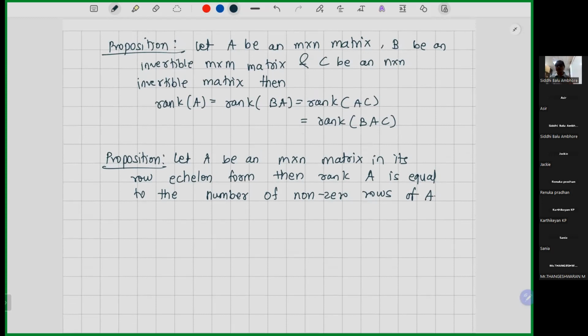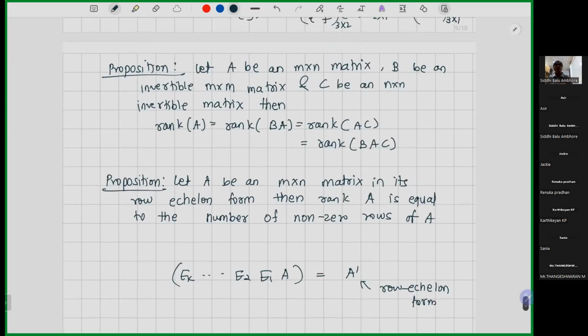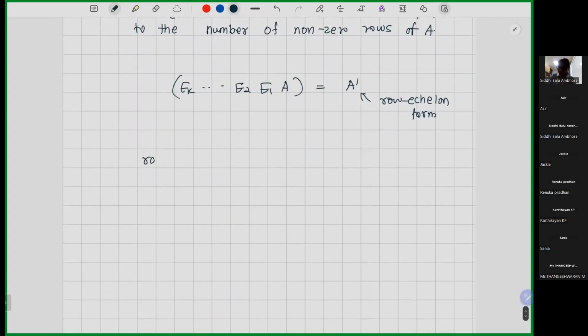Since for A I can apply finitely many elementary row operations to get some A dash which is in row echelon form, I can use the first proposition, which proves that rank of A will be equal to rank of Ek to E1 A, which is rank of this A dash.